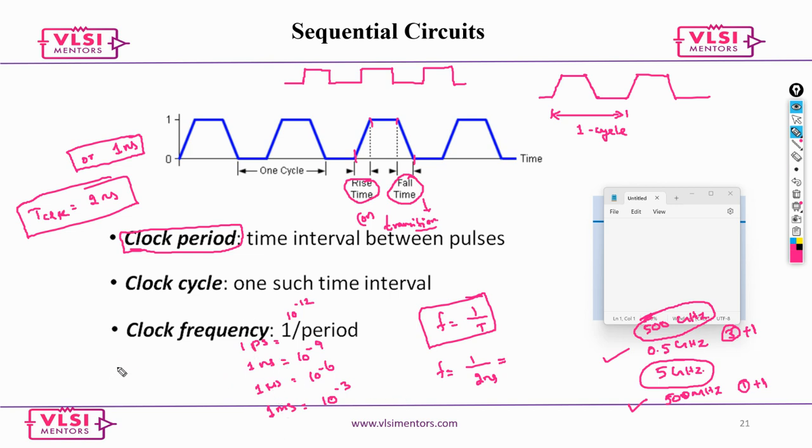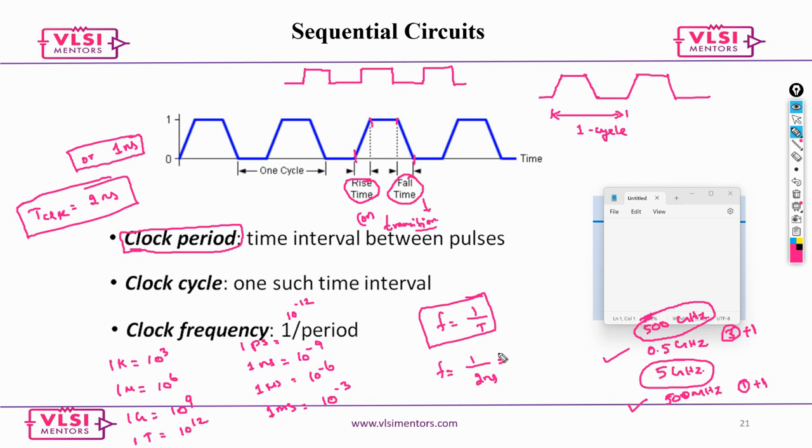When it comes to hertz, 1k is equal to 10 to the power 3, 1M is 10 to the power 6, 1 gig is 10 raised to 9, and 1 tera is 10 raised to 12.